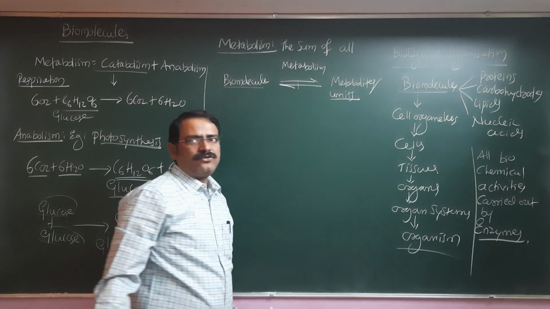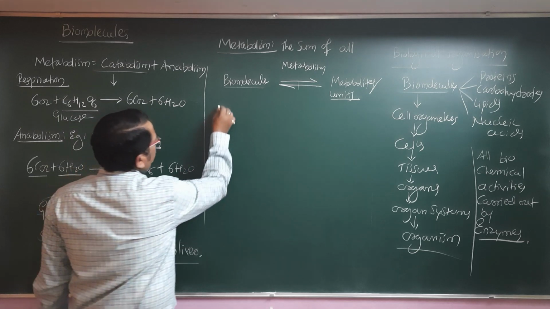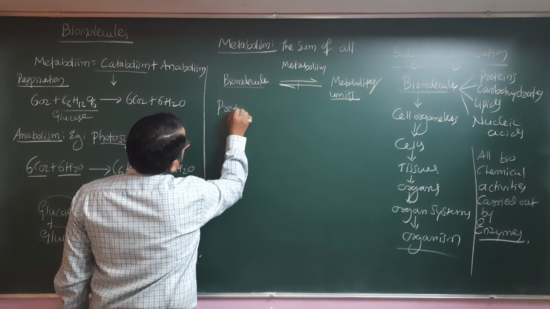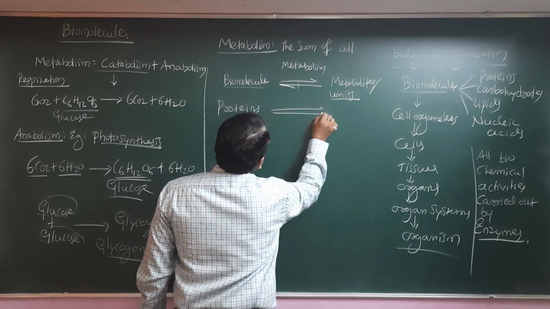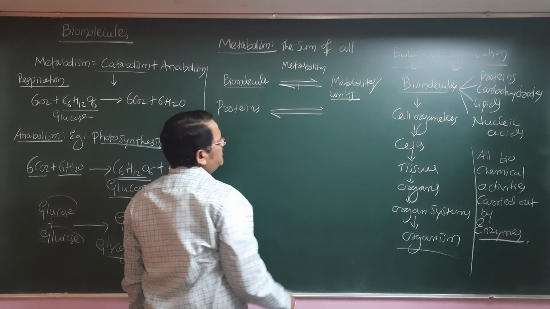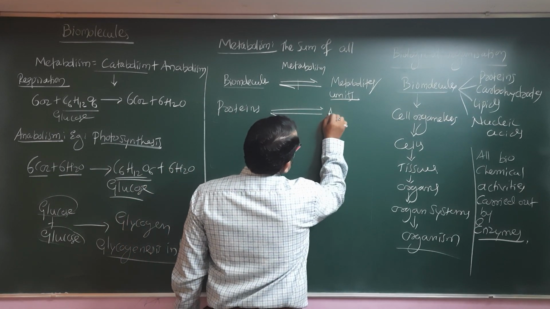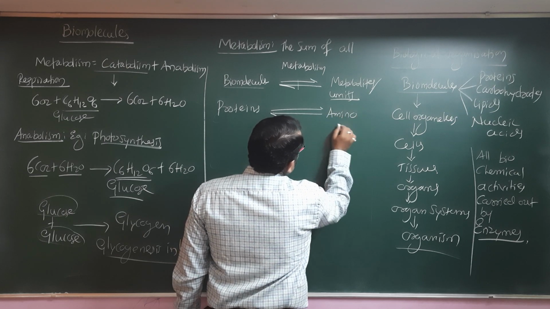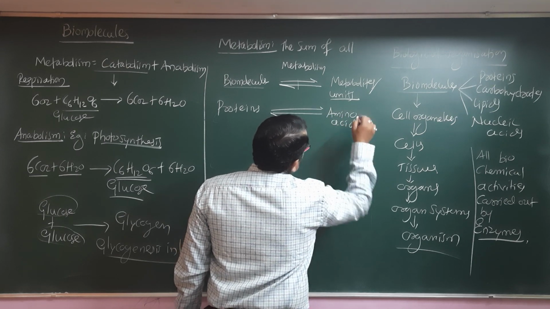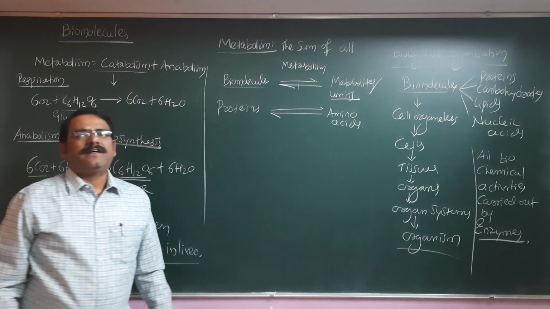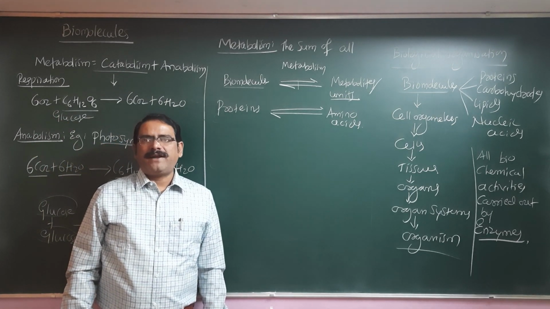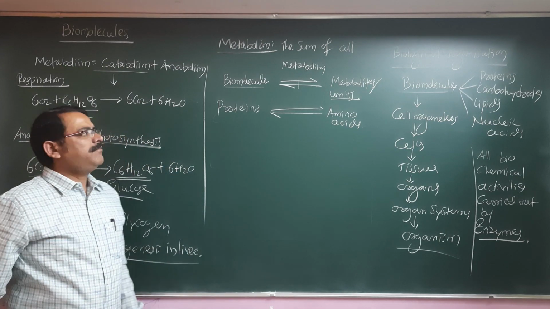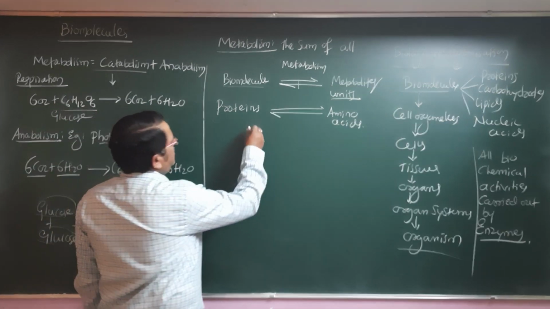So when we talk about proteins, they can either be broken up or be made into complex proteins again from amino acids. How are the amino acids linked with one another? They are linked by peptide bonds. So they form polypeptide chains.